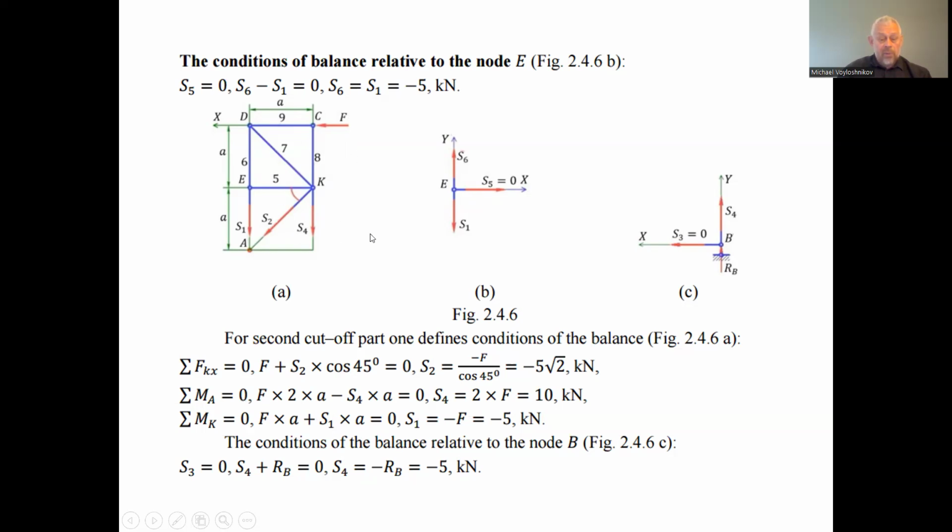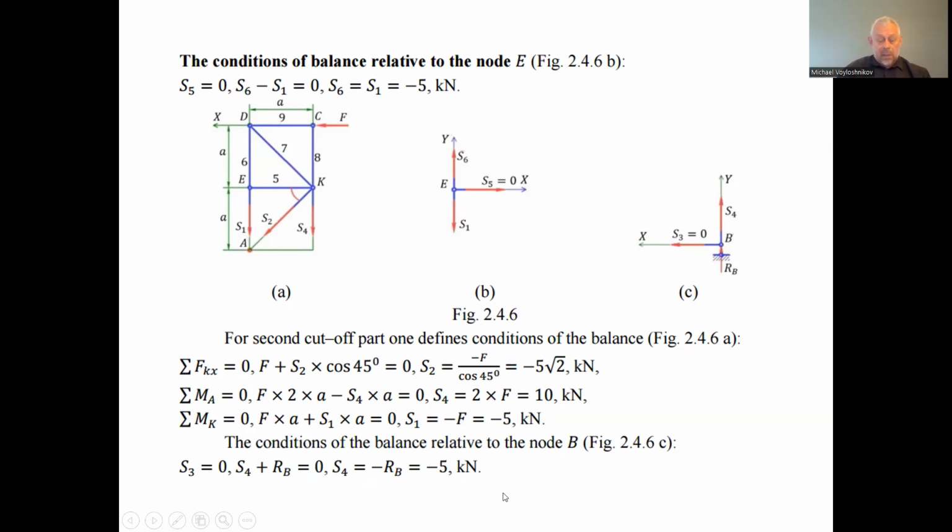These two are positive moments rotating around the point K counterclockwise. So we have that the force in rod 1 is of negative magnitude and equal to 5 kilonewton.